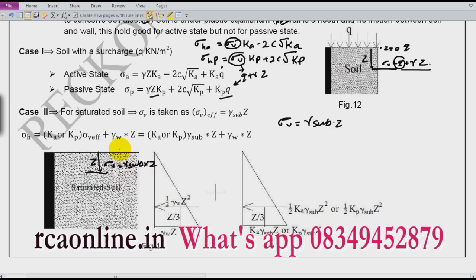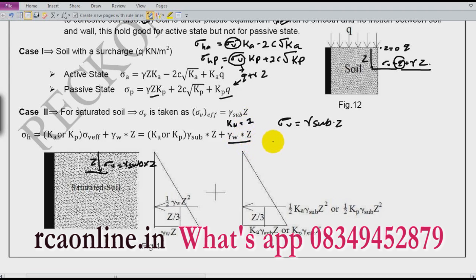So sigma horizontal will have gamma submerged into z in place of gamma z. But the important part is this gamma W into z, which is the pressure of the water, because we have not included the pressure of the water laterally. The K for water is 1, so it will be gamma W into z. This is very important. Clear?